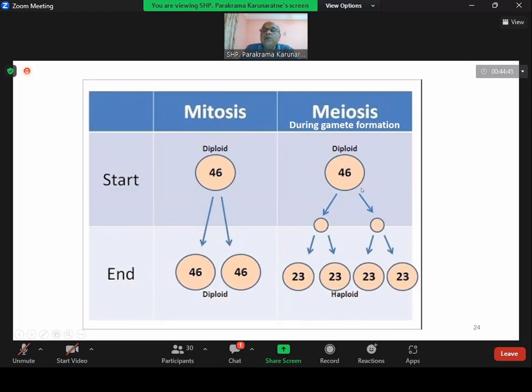Now during meiosis, the diploid 46 divides into two, and there are two cell divisions in meiosis, right? Meiosis has two cell divisions, always two, and at the end you get four cells. These four cells have half, that is 23, 23, 23, 23, right?